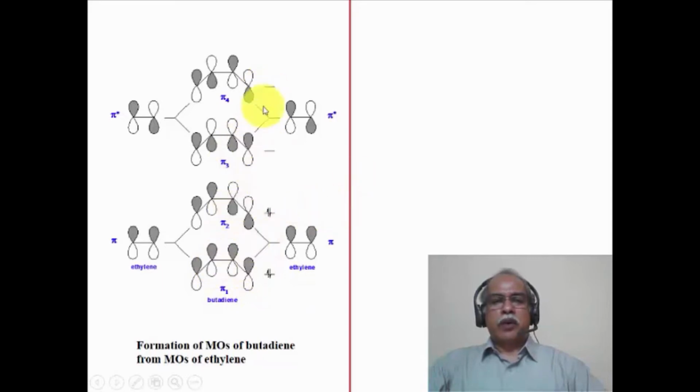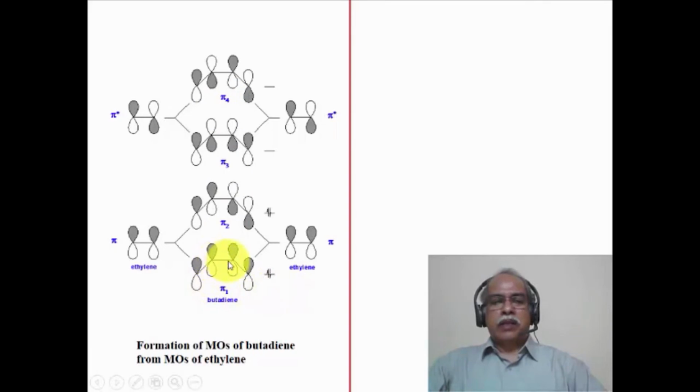So we have constructed 4 molecular orbitals by the symmetric and antisymmetric combinations of the bonding molecular orbitals of ethylene, and the symmetric and antisymmetric combinations of the higher energy pi star antibonding molecular orbitals of ethylene. These are psi 1, psi 2, psi 3 and psi 4, or you can call them pi 1, pi 2, pi 3, pi 4, that is also fine.